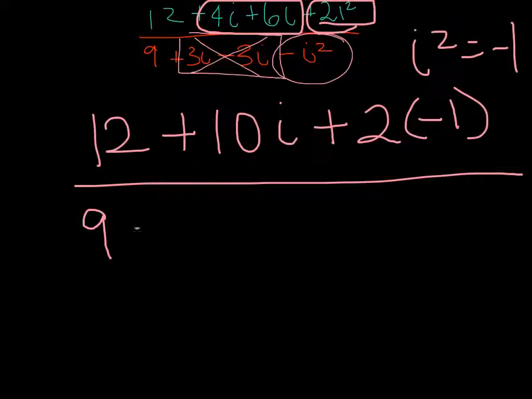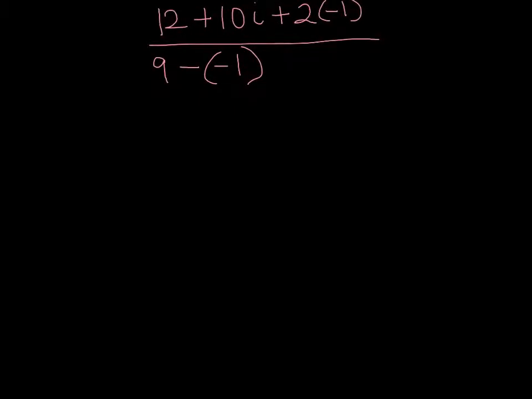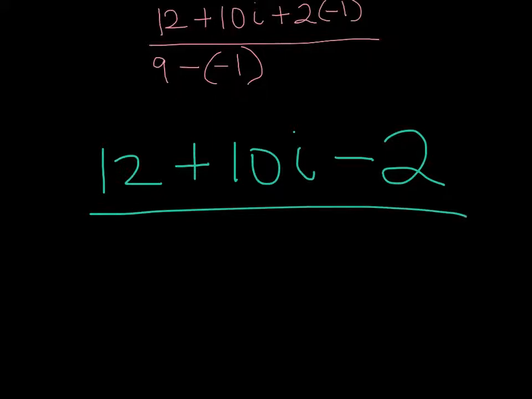And we do minus another i squared, so we just add in a -1. So even further simplifying that, we go to 12 plus 10i minus 2 divided by 9 plus 1, or we can simplify that even further, so we can just go straight to 9 plus 1 is 10.